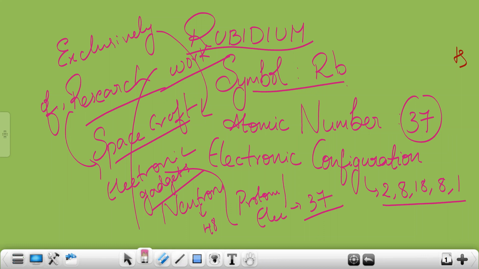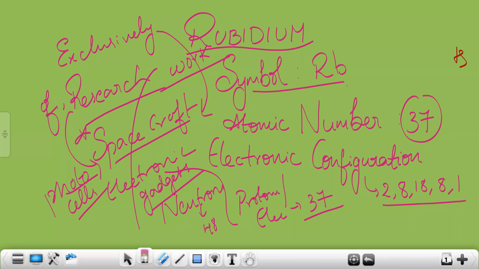Further, for your information, it is used in the research work of some spacecrafts, in development of some electronic gadgets, or some special glasses or some photo cells. These are all higher grade things which will come in the next levels of your class, maybe intermediate. So this is about rubidium.